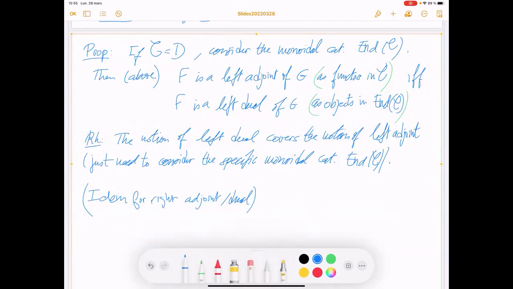So the notion of left dual covers the notion of left adjoint.